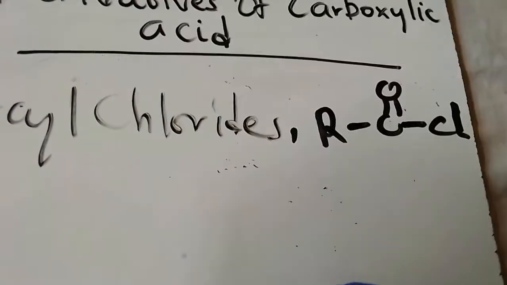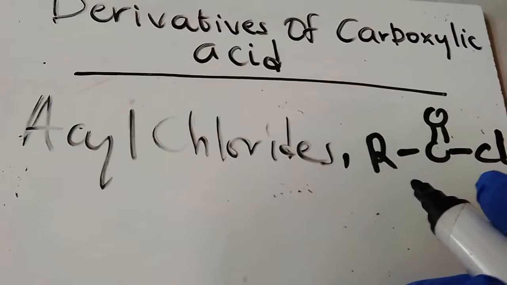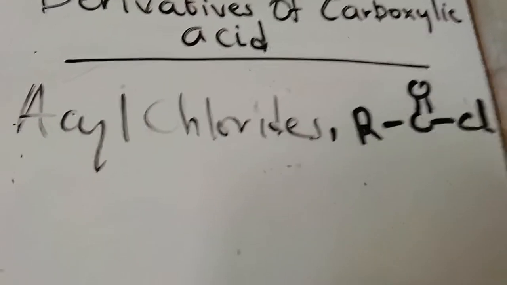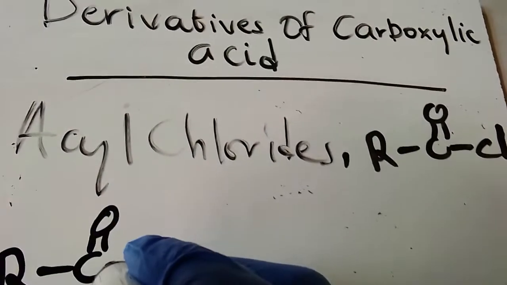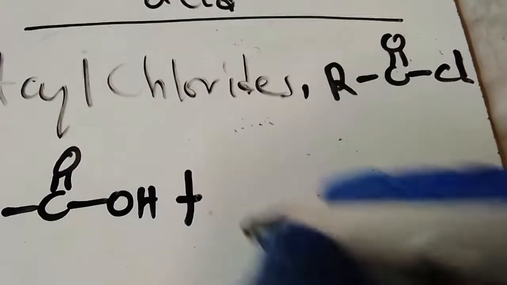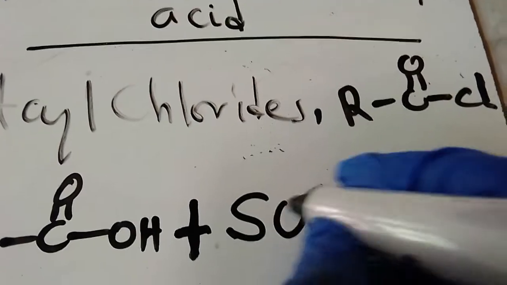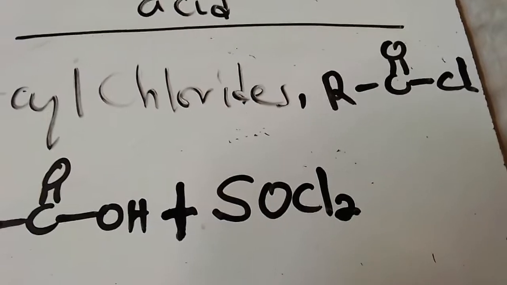This is an acyl chloride. Acyl chlorides are basically produced or synthesized by reacting a carboxylic acid with a reagent we call thionyl chloride.